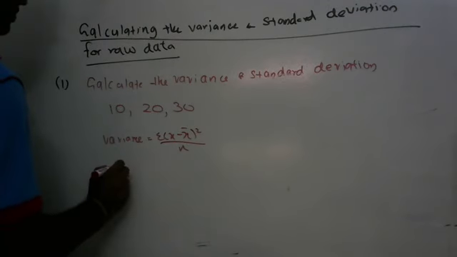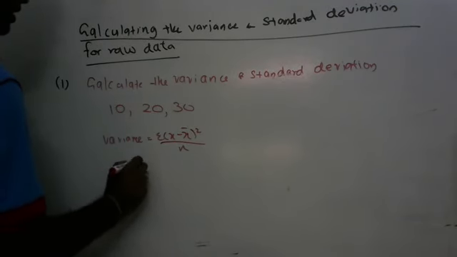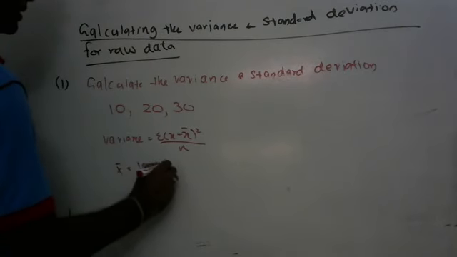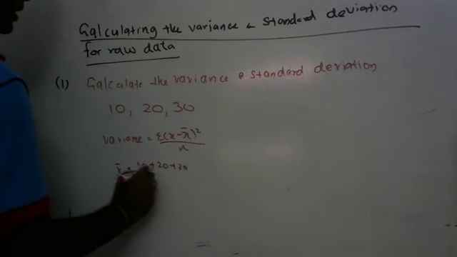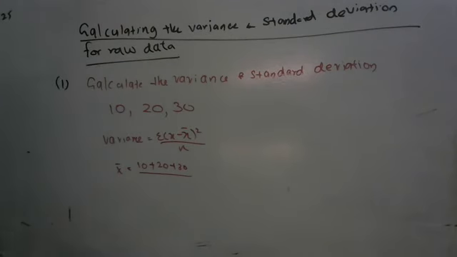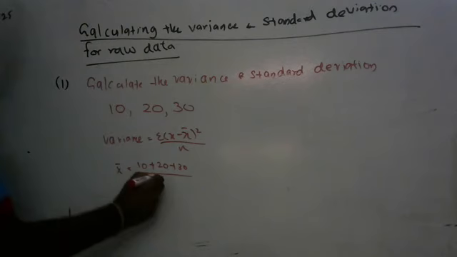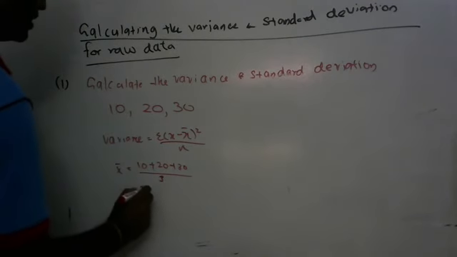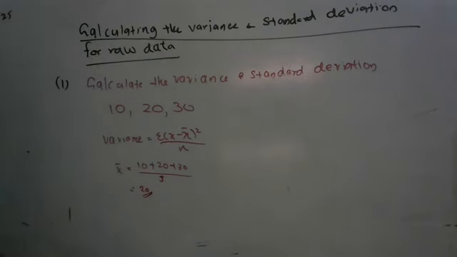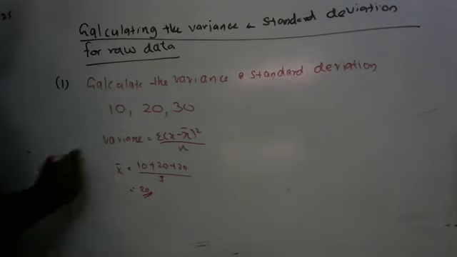First we have to find the x bar figure. 10 plus 20 plus 30 is 60. 60 divided by 3 is 20. The x bar figure is 20. This is step number 1.